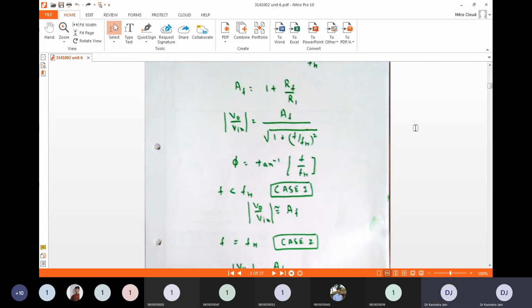Please note down case number 2. As we have already discussed, when F is equal to FH, then absolute value of V naught upon V in is equal to AF upon root 2. What is 1 divided by 1.414? Dear students, 0.707. Correct. So V naught upon V in is equal to 0.707 AF.